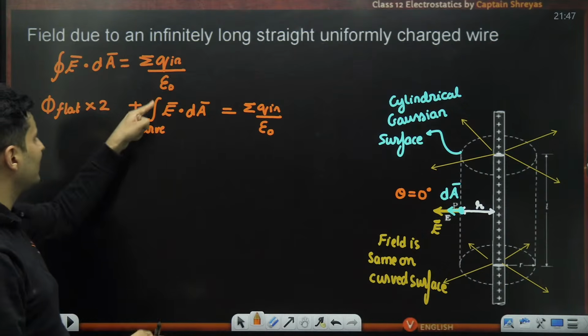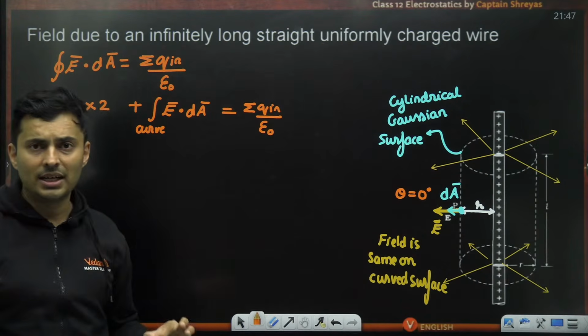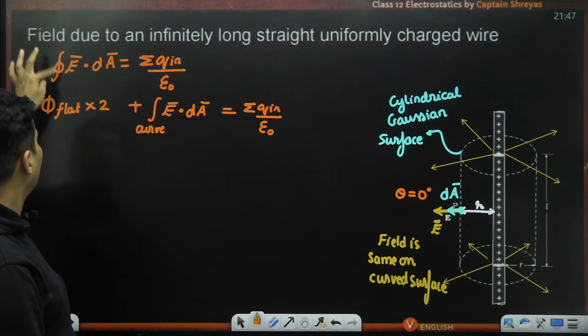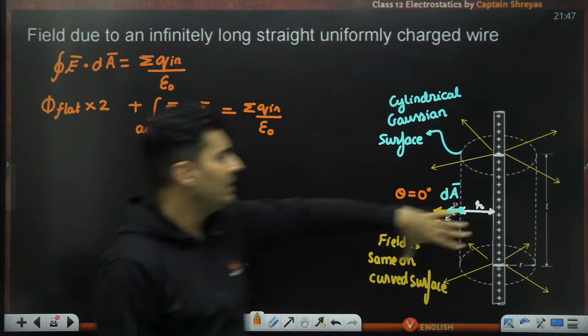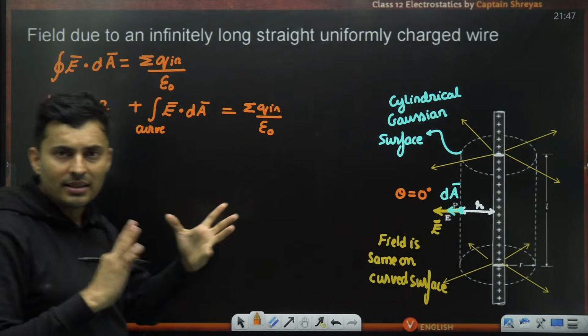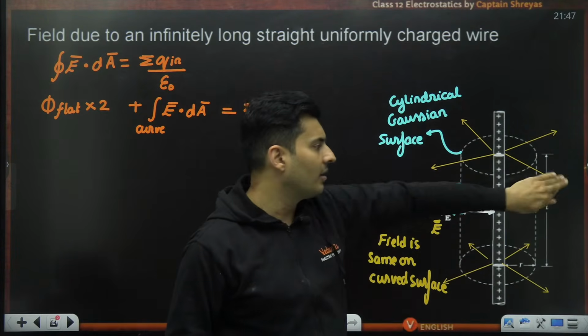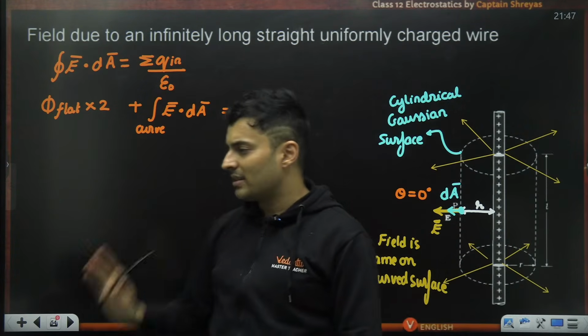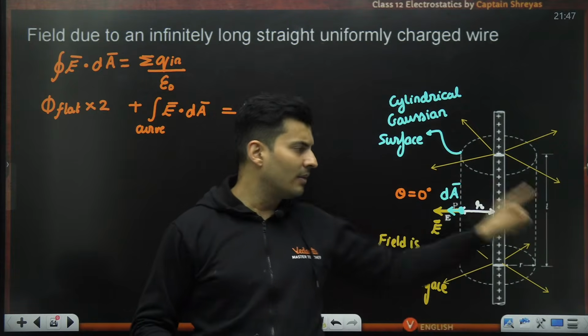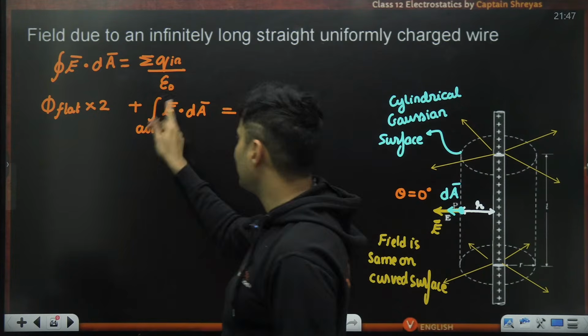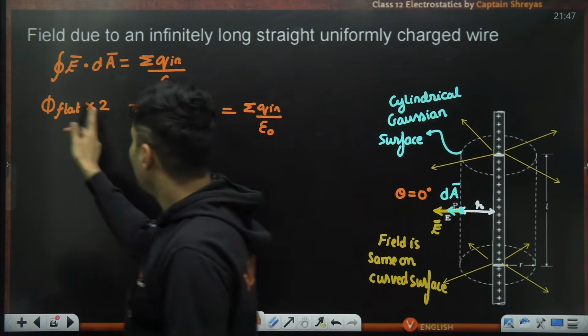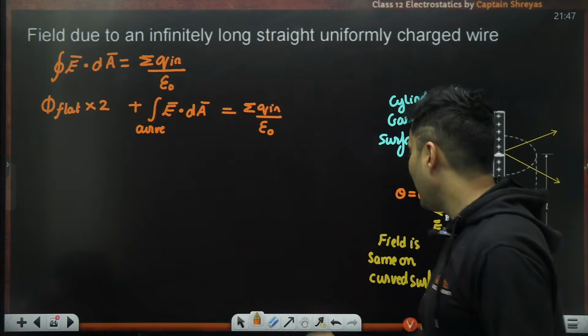Notice how I have dropped the closed integration here, because the whole cylinder comprises three parts, two flat surfaces and a curved surface. The two flat surfaces I wrote once, and the entire curved surface I have mentioned here.